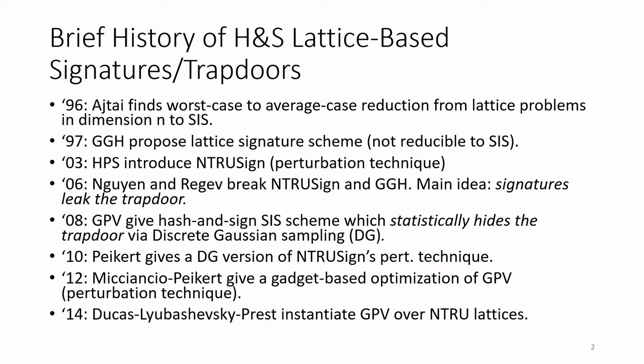This scheme later evolves into the Falcon digital signature scheme, which is in the third round of the NIST post-quantum standardization. I'd like to mention, though, that this scheme does not use the perturbation technique, nor is it a gadget-based optimization, or does it have these offline and online separate sampling stages.